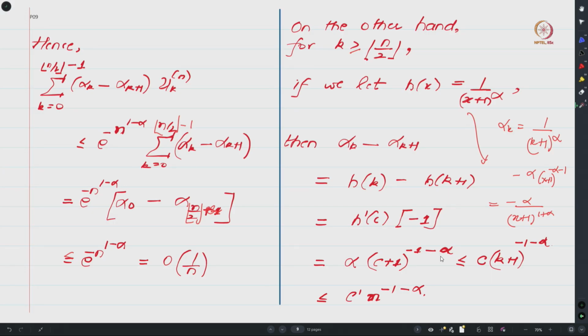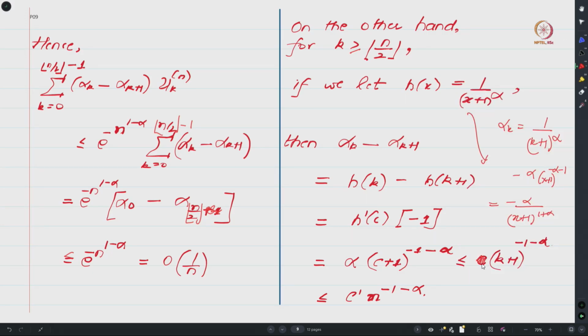And now this c actually lies between k and k plus 1, and since this quantity over here is negative, right, the largest value over here will be obtained for c equals k, and hence one can see that this whole expression is actually upper bounded. Okay, so I didn't mean to use a c over here.